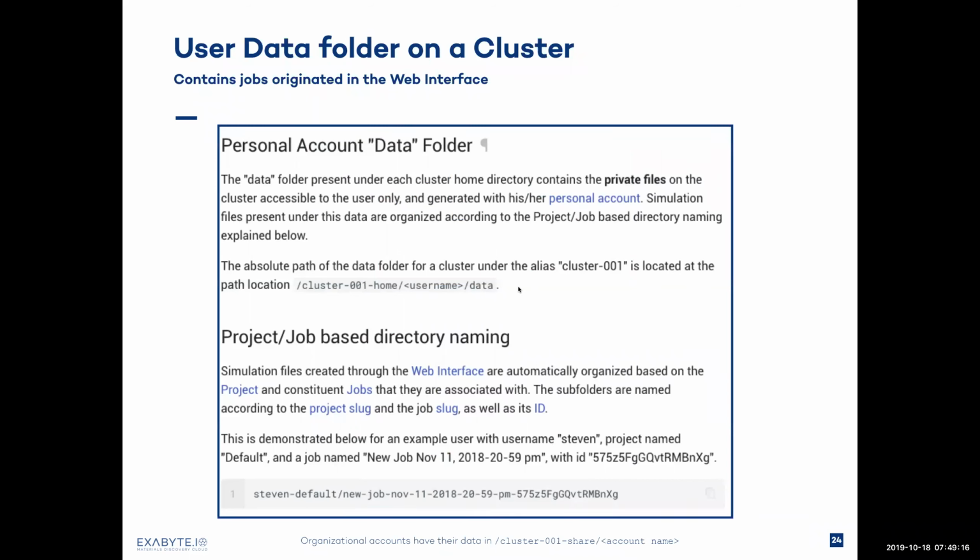The data folder contains the jobs originated on the web interface, and they're organized in a particular fashion. If the job is part of a certain project, let's say we are speaking about the username Steven, and Steven has a project named default, and he also named the job with the human readable name new job November 11, 2018 and such.